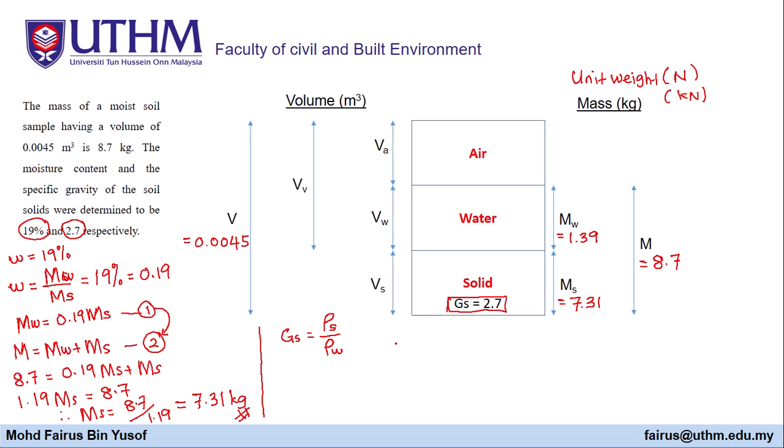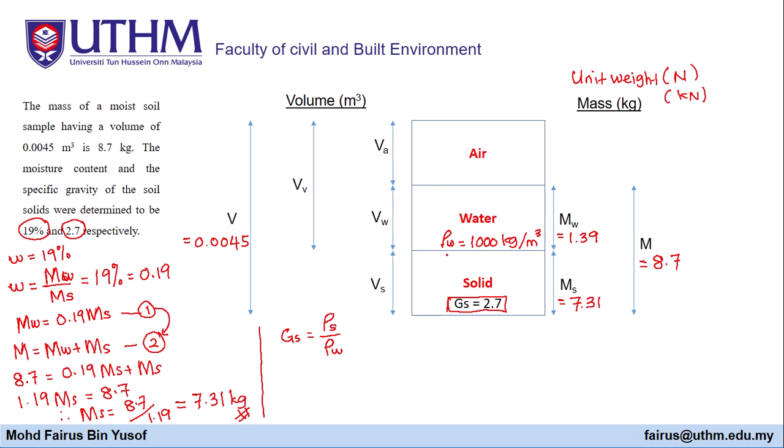So what is the value of density of water? You can write here density of water equal to 1000 kilogram per cubic meter. Okay, so we have to use rho W equal to 1000 kilogram per cubic meter because the unit is kilogram and cubic meter.